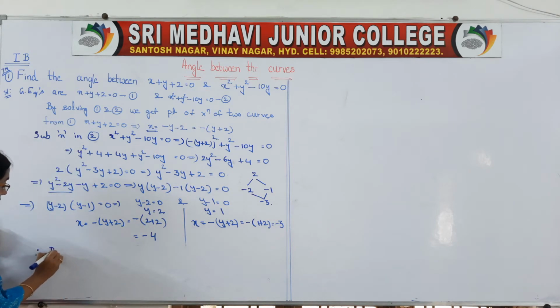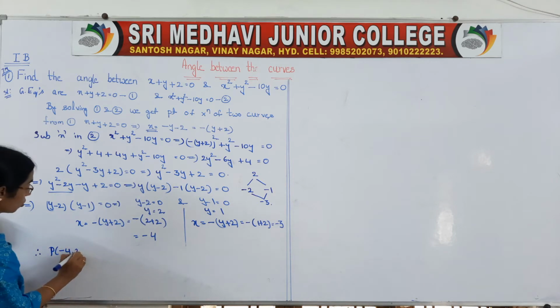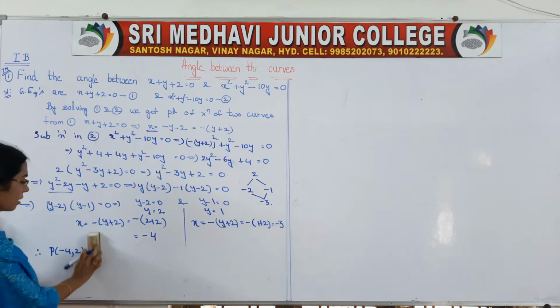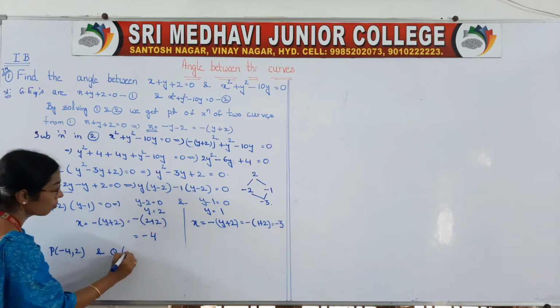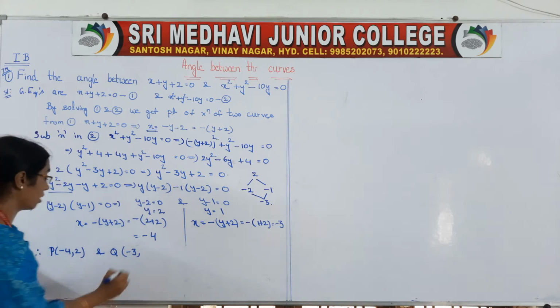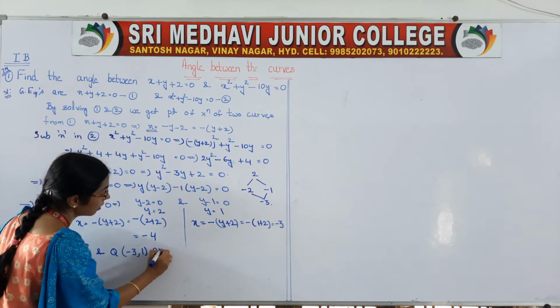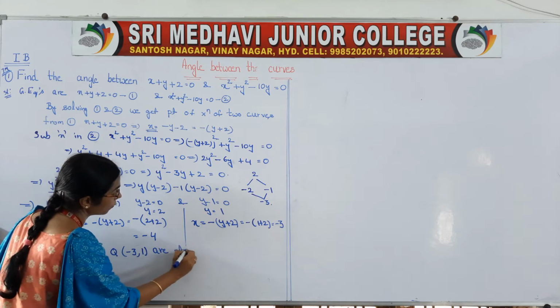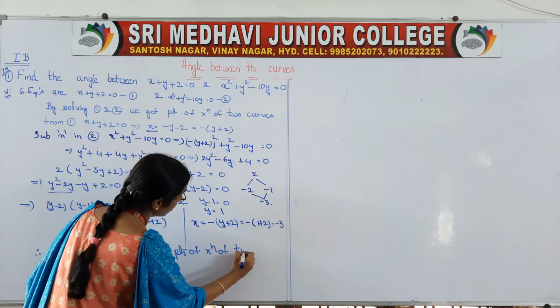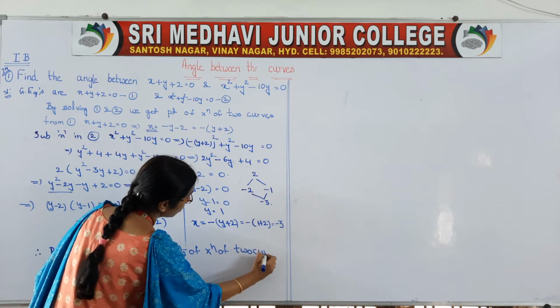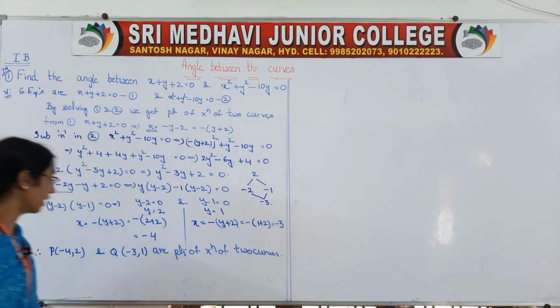Therefore, P, first point, minus 4, comma 2 is one point of intersection, and at a time we can write both points. And Q, what is Q point? Minus 3, comma 1 are points of intersection of two curves.